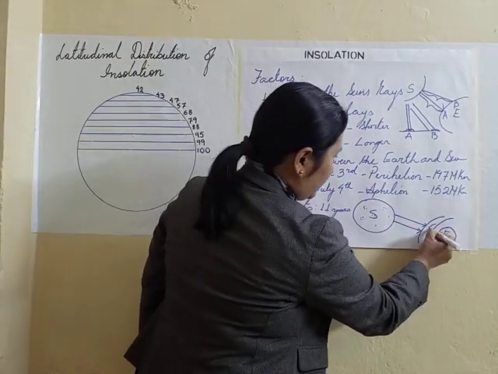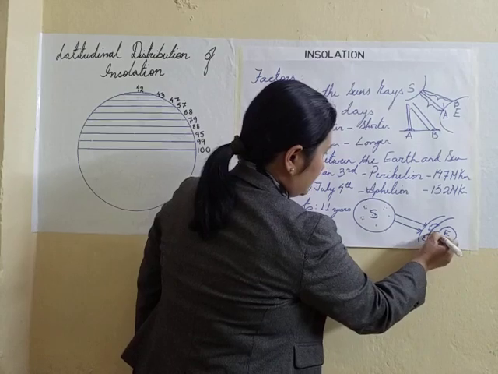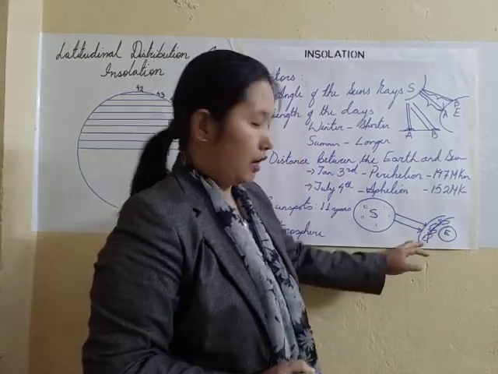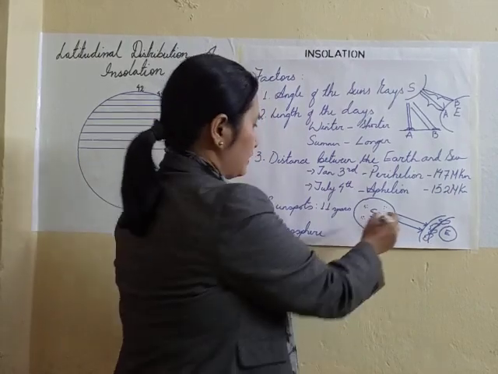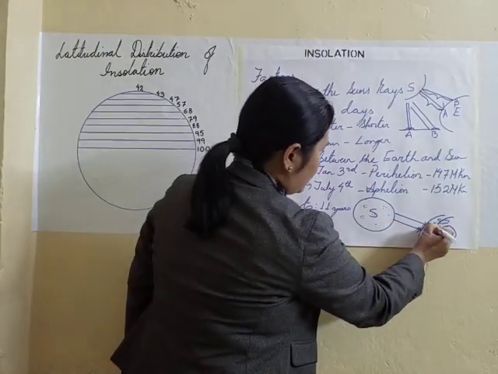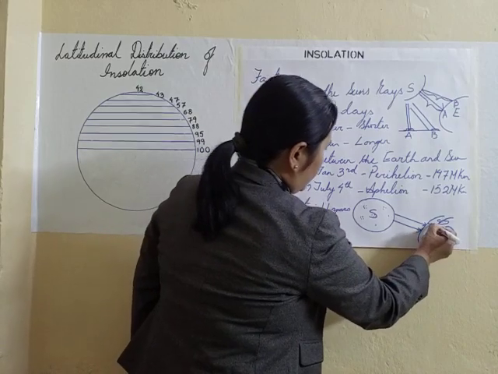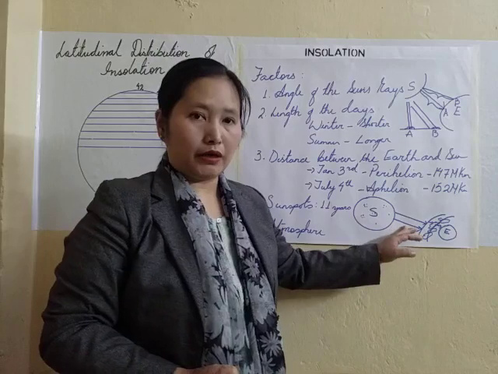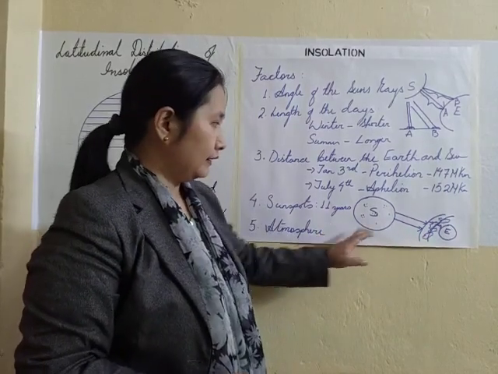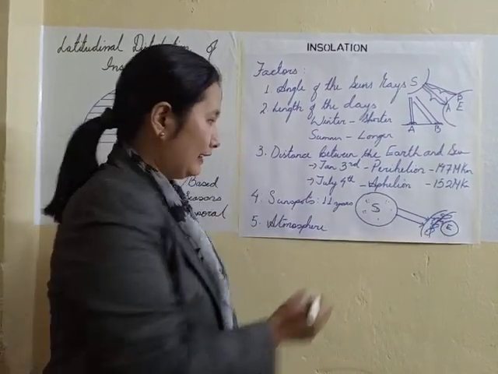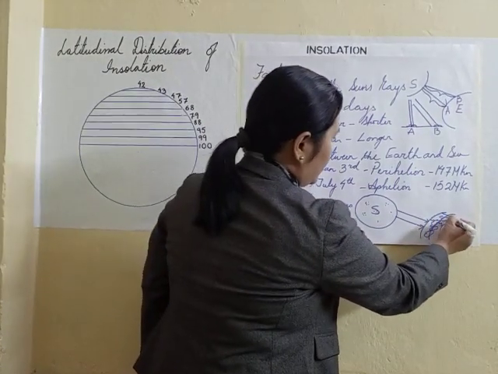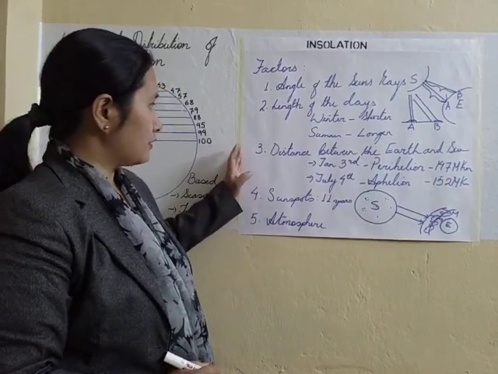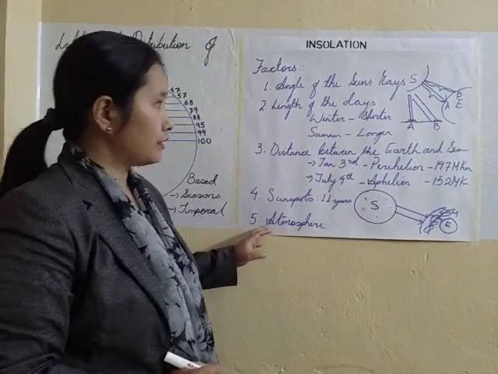And different weather phenomena which take place in the atmosphere, especially in the troposphere and some parts of the stratosphere, the clouds, dust particles, water vapors, their presence disturbs the penetration of the sun's rays to the earth. So when there are more clouds, more dust particles, more water vapor, then insolation is less. When there are clear skies, then insolation will be more. Okay, so these are the important factors which affect insolation. Next we will discuss heat budget.